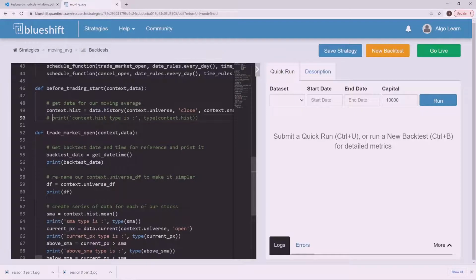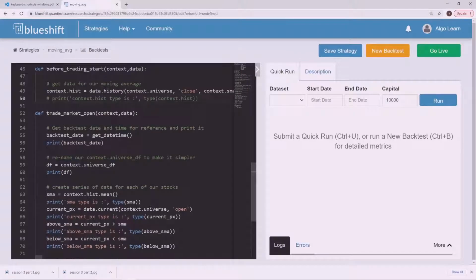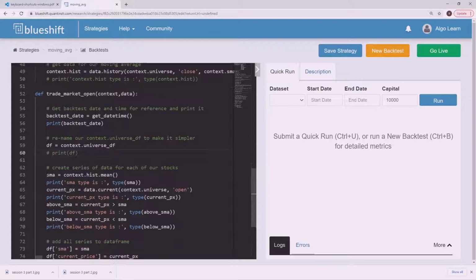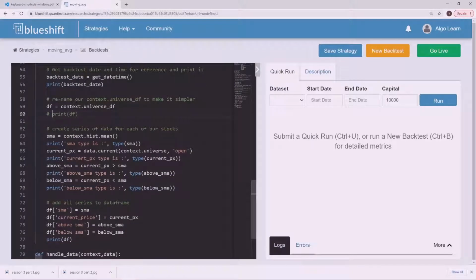We get our backtest date, so we get our date and time and we print it, so we know what date we're getting the data for on this day in our backtest. We did print out the data frame here, but I'm not going to need that, so let's pound that out. And then we printed the type of these four series, and we already know they're series, so I'm going to go ahead and pound these out.